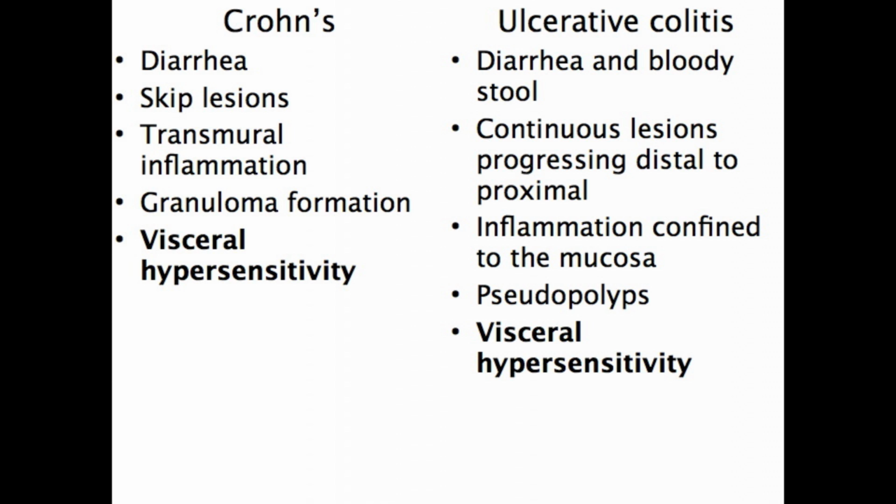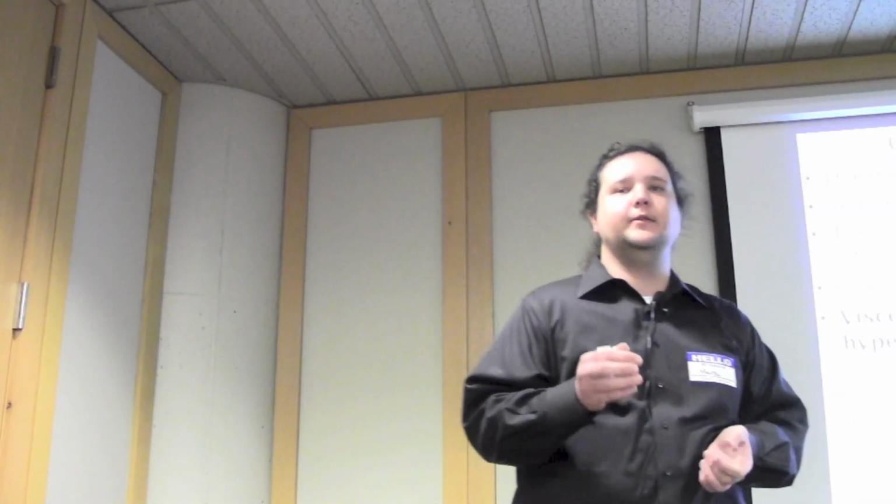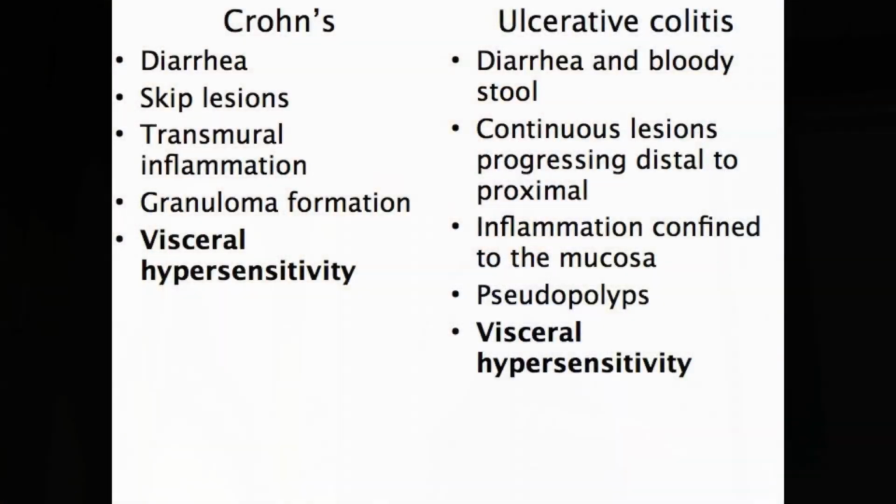There are actually several types, but the two predominant forms of inflammatory bowel disease are Crohn's and ulcerative colitis. We studied predominantly Crohn's disease because our rat model most closely mimics it. It's associated with diarrhea and skipping lesions. This means that you'll have areas of the colon that are inflamed with areas of normal tissue in between.